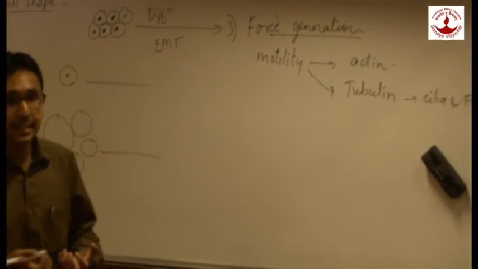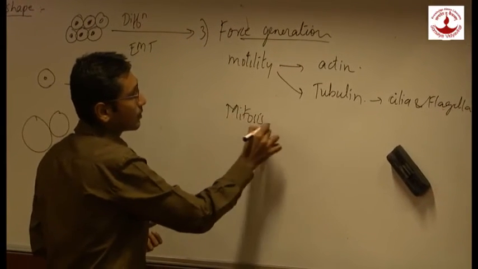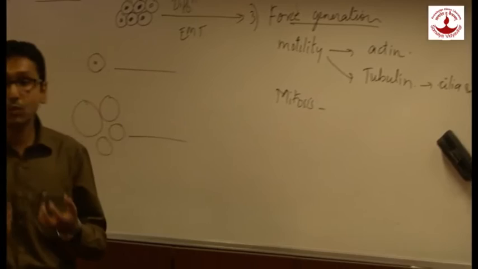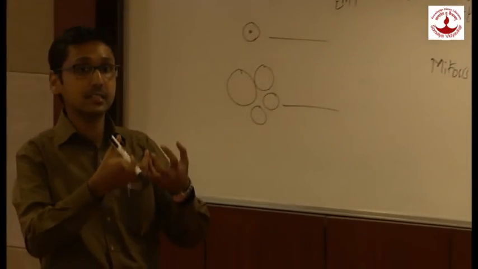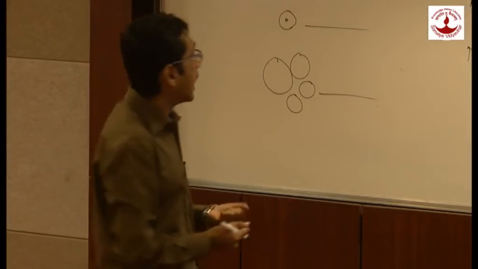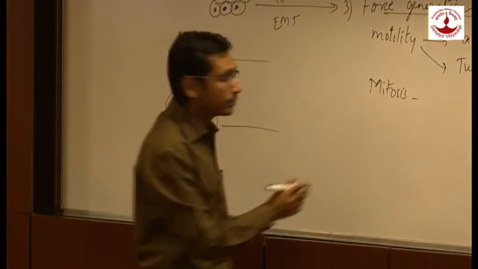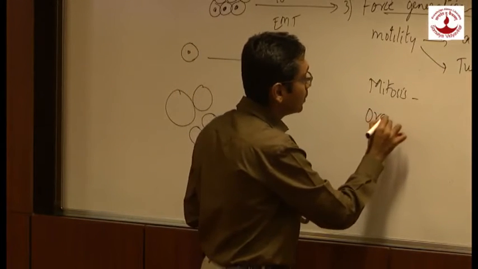The next is chromosome segregation. So next is mitosis. Force is required to pull the sister chromatids towards the opposite poles, in the anaphase, right? So chromosome segregation, then organelle transport.